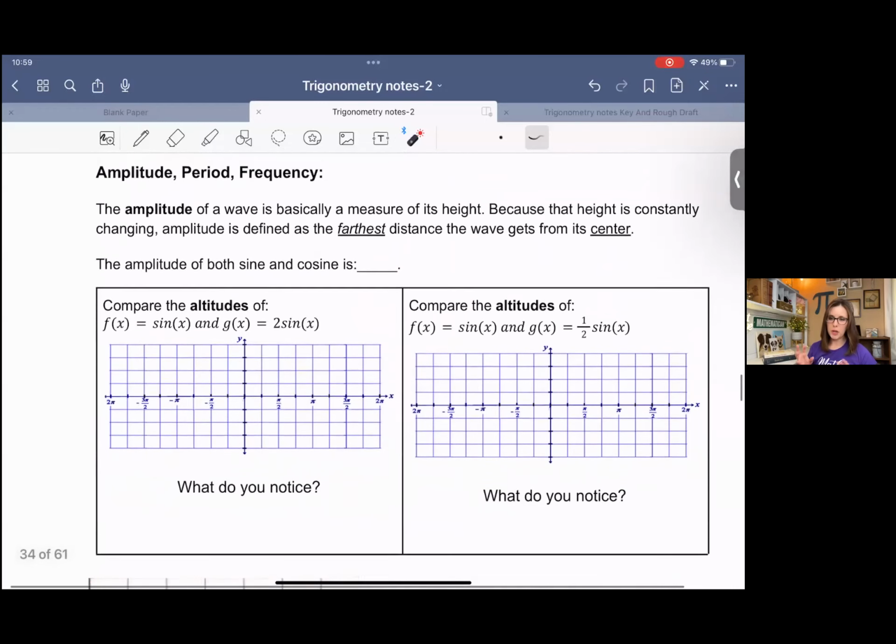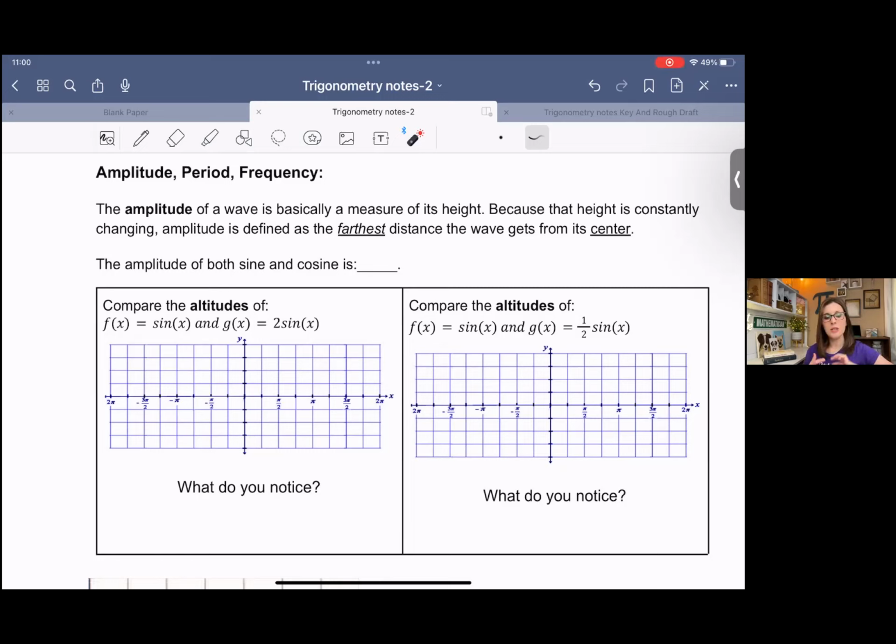Okay, amplitude, period, and frequency. We're going to talk about what those words mean and look at a few examples of that. The amplitude of a wave is basically the measure of its height. So I talked about the parent function of sine only went up to 1, and then the new function went up to 2.